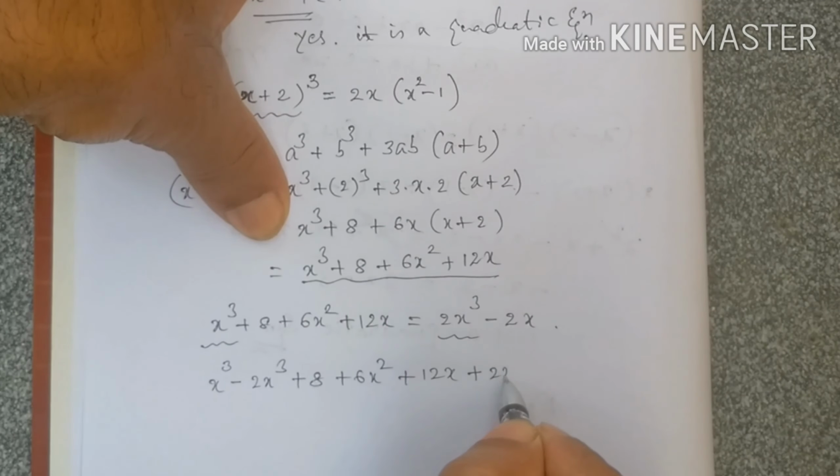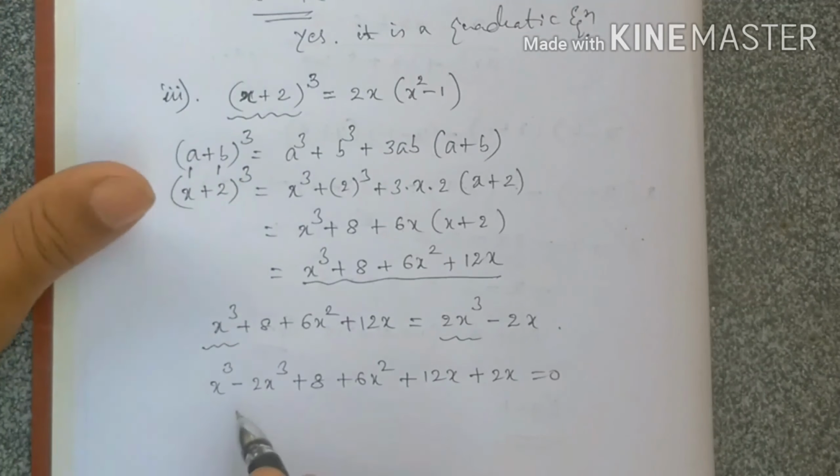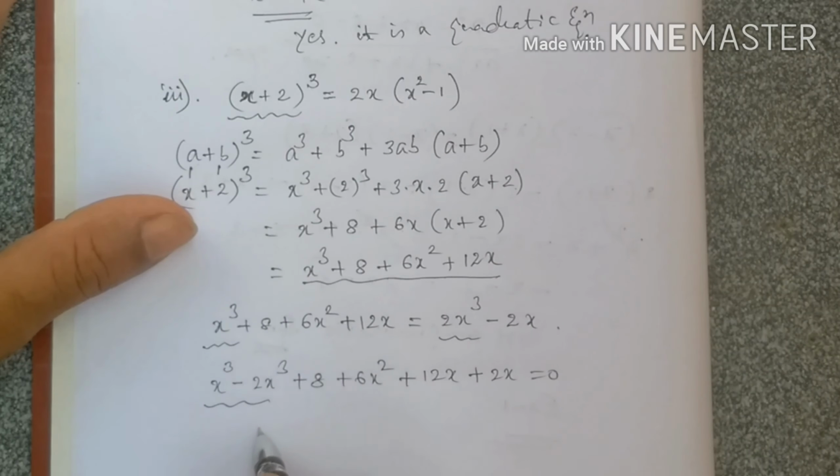So that becomes +2x. Here if you simplify, you get −x³, because this is 2x³ and this is 1x³. 2 minus 1 is 1, but the bigger number's sign is minus.